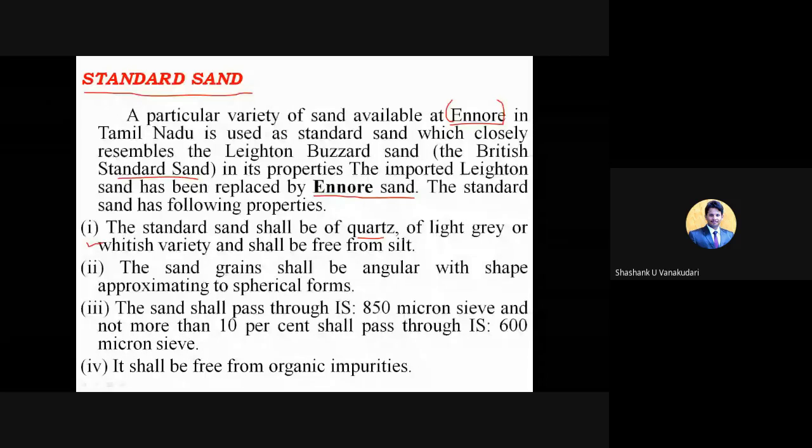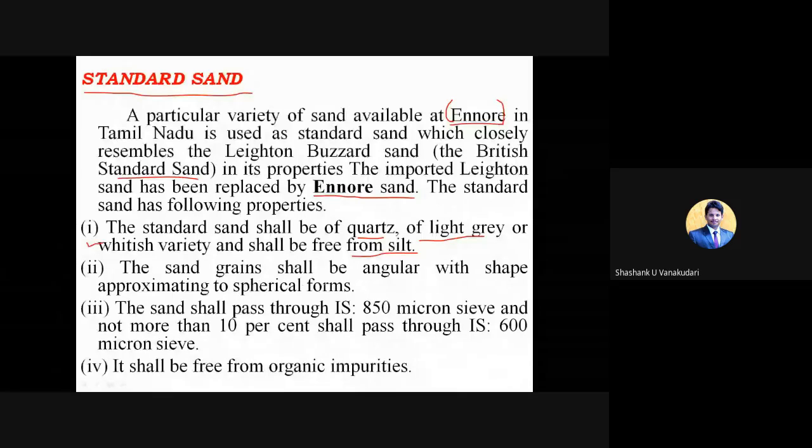These are the materials which should be present in that standard sand, and it should look light gray or even whitish, and shall be free from silt content. Silt content means the dust particles in the sand. Those dust particles should be in a small percentage, and the sand grains shall be angular with a shape approximating to a spherical form.